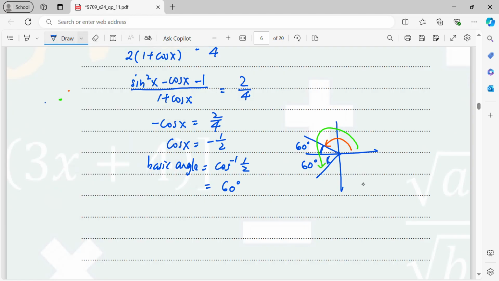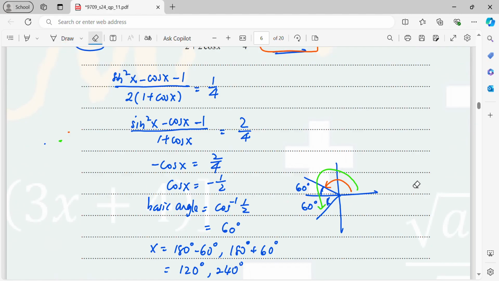Okay, so which means now my x will be 180 minus 60 degrees, and then 180 plus 60 degrees because of the third quadrant. So the second quadrant will give you 120 degrees. Third quadrant, it will be 240 degrees. So that's all for this solution.